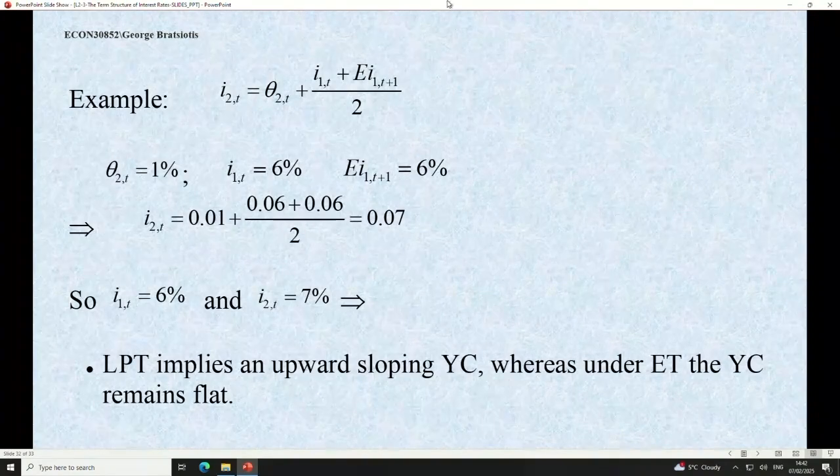What will the expectations theory give me? 6%. But if I add the premium, and keep adding the premium for maturity, you will see that it will start going up. So the liquidity premium theory implies an upward sloping yield curve, whereas under expectations theory, the yield curve remains flat.